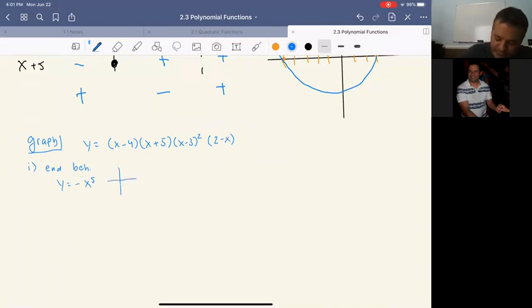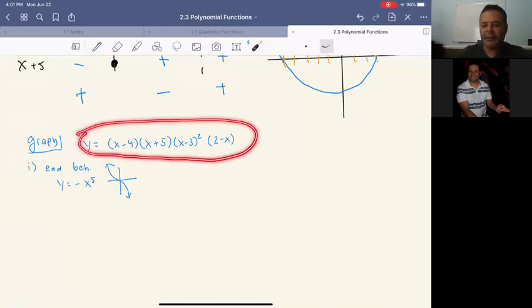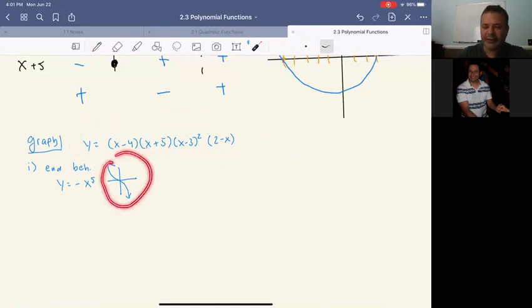What does our end behavior look like? Looks like so. That's what it would look like if you were to zoom out. You can play around with that. There are graphing calculators online. Go ahead and graph this and then zoom out and you'll see that it looks like this. Just check: negative x to the fifth.